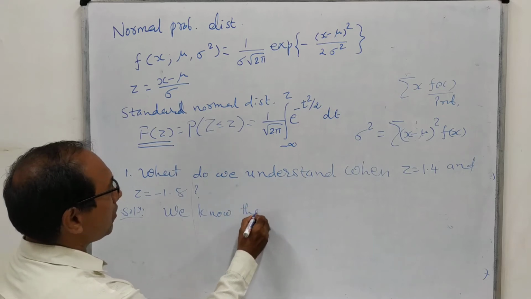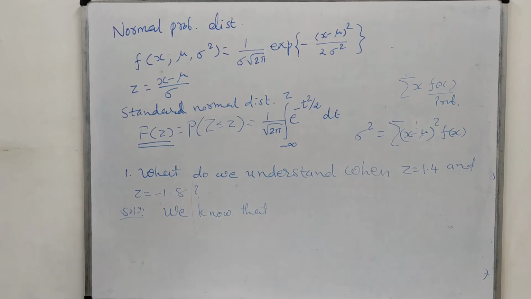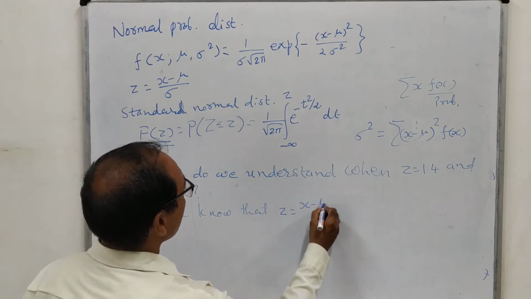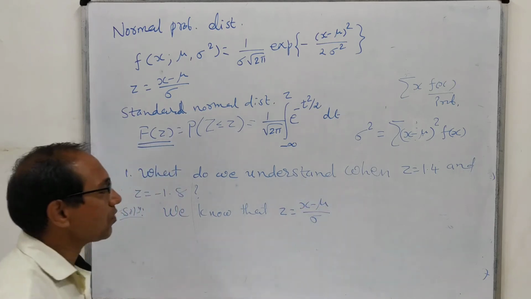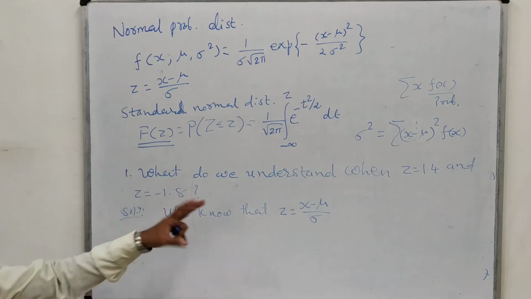you can also work simultaneously with me by taking your notebook and a ball pen. We know that z equal to x minus mu over sigma. That means here we want to find out the value of x. What is x, and how can we interpret these values?